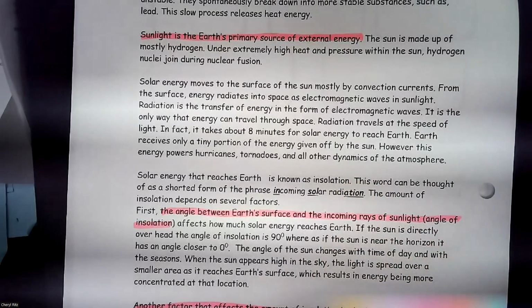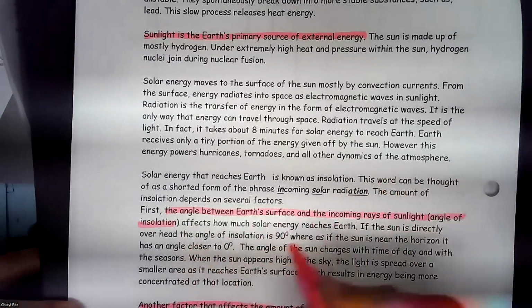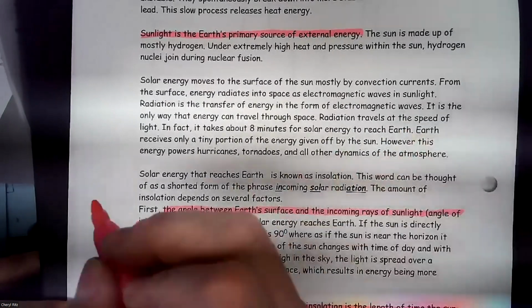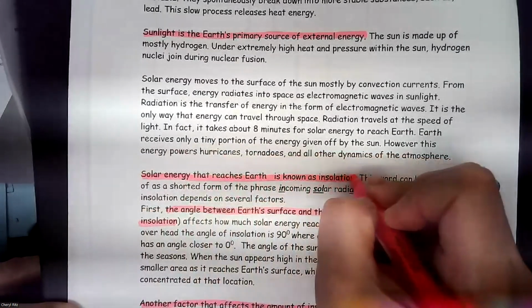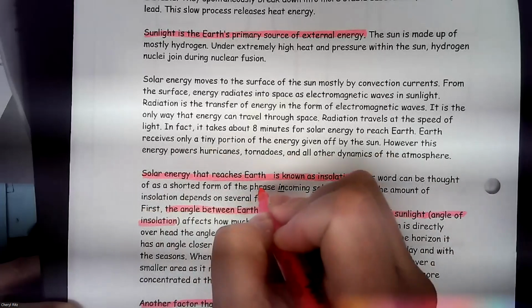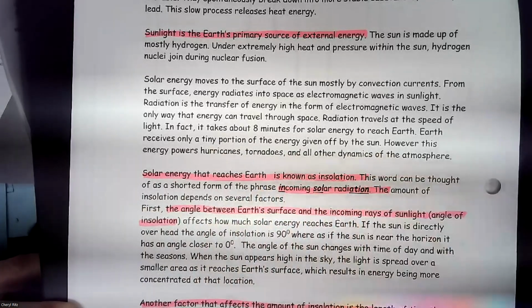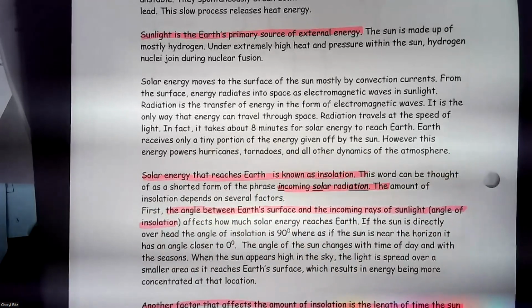Okay, you got it, Caitlin. Yep, right here. Solar energy that reaches Earth is known as insolation, or you could say this could be thought of as a shortened form of the phrase incoming solar radiation right there. I think you should highlight both of those.